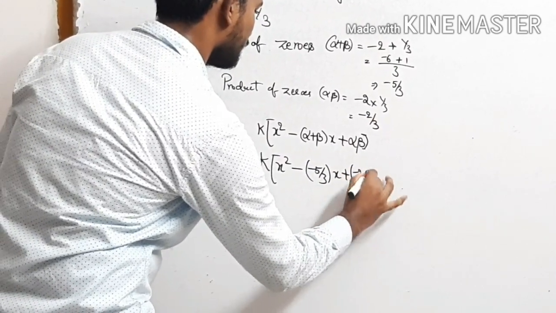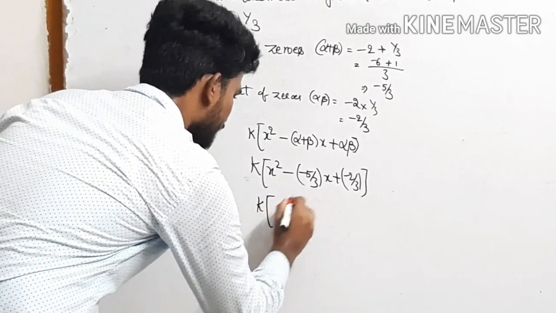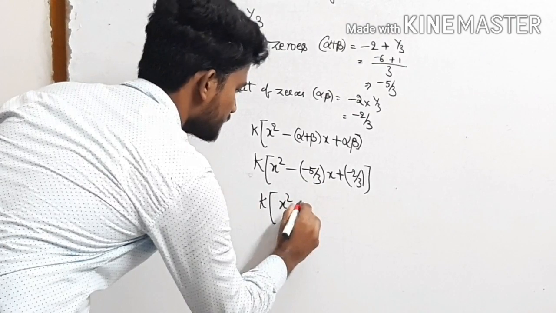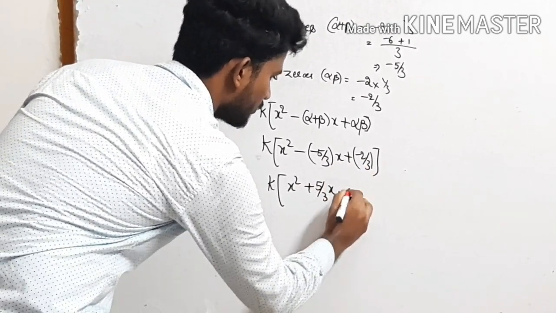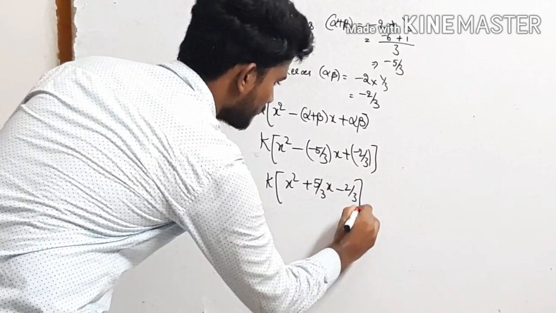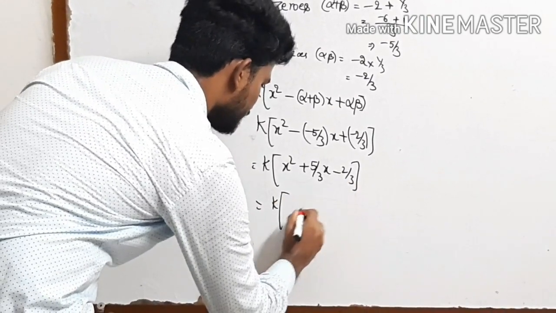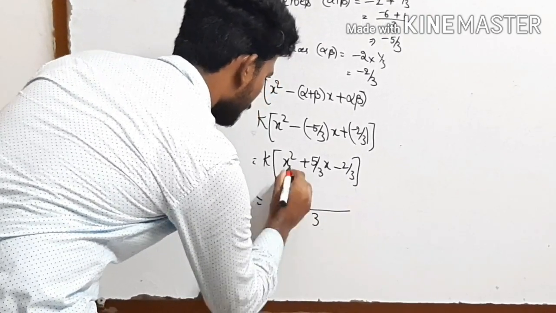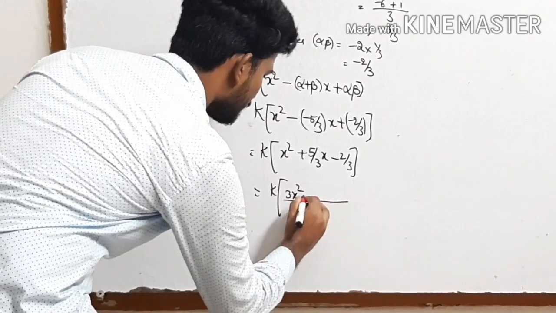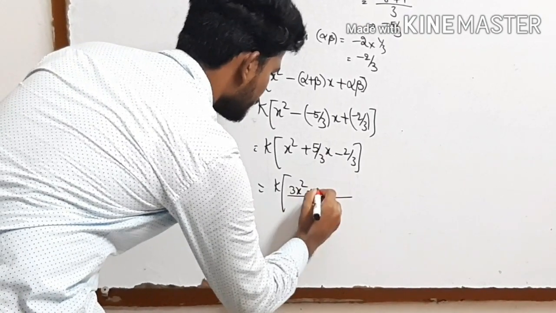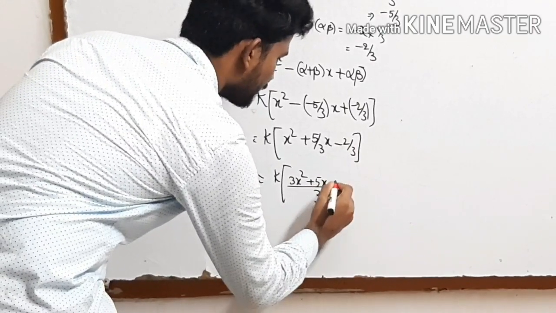Then x square plus 5 by 3 x minus 2 by 3. Then k into, taking LCM as 3, 3x square plus 5x minus 2.